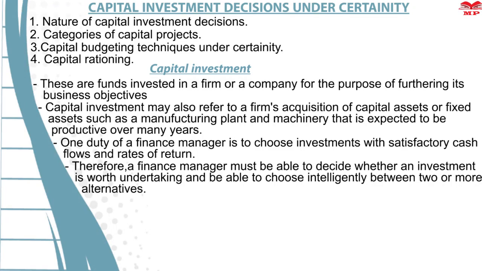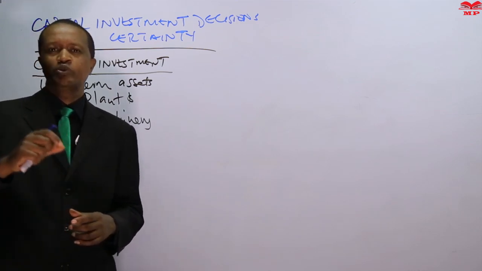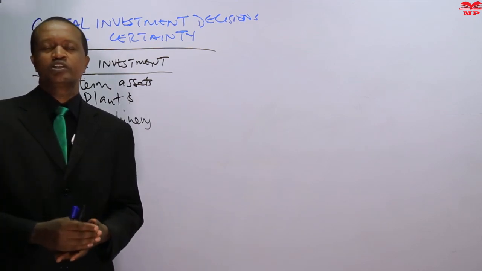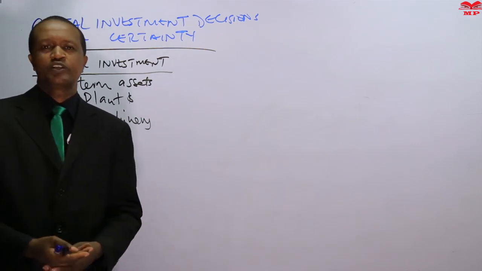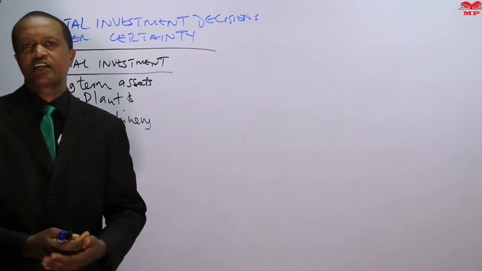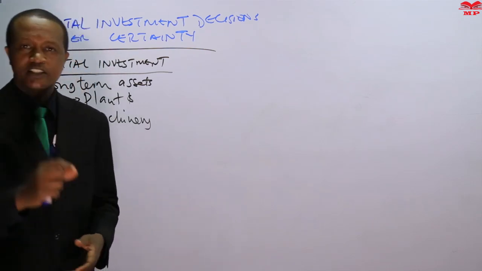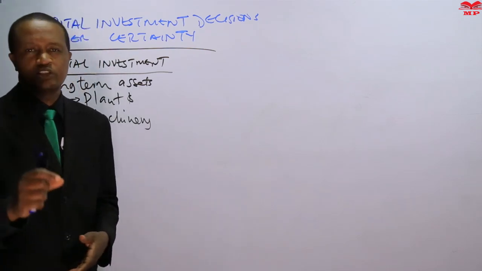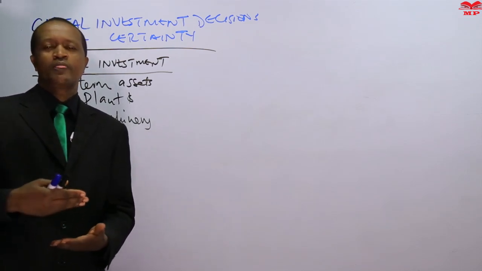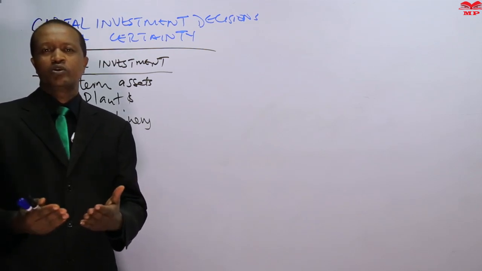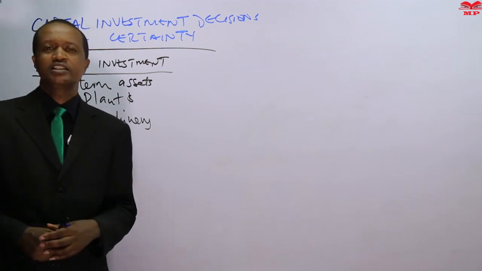So that is the work of a finance manager, and that is what we are training you to do. You are taking these lessons so that when you step out into a profession, when you start practicing as an accountant, as a finance manager, you will have the relevant skills and knowledge that will enable you to make intelligent decisions.